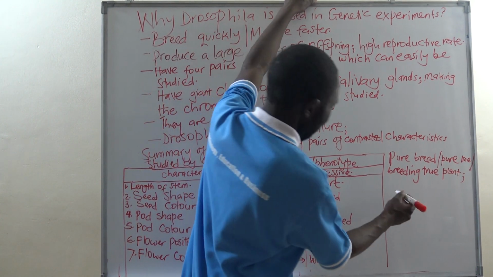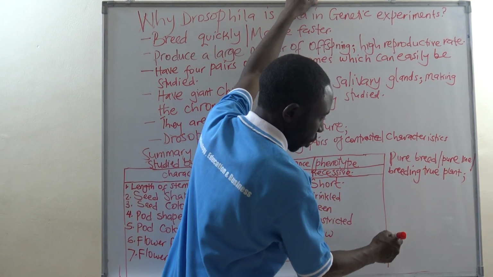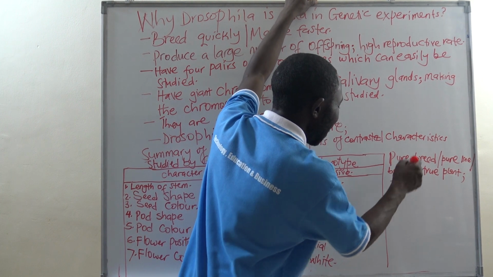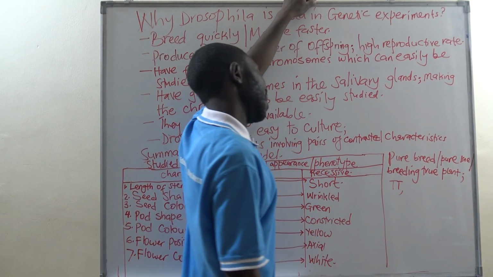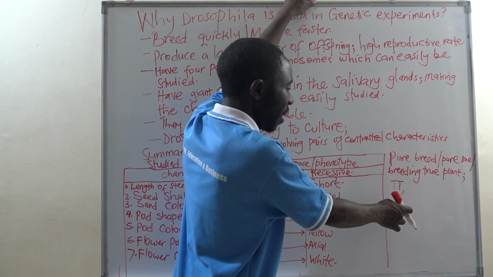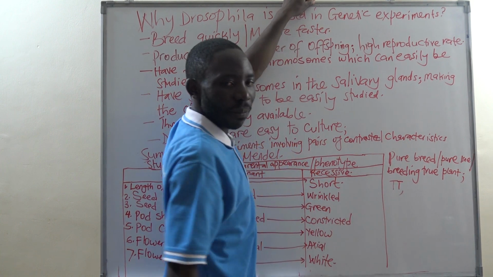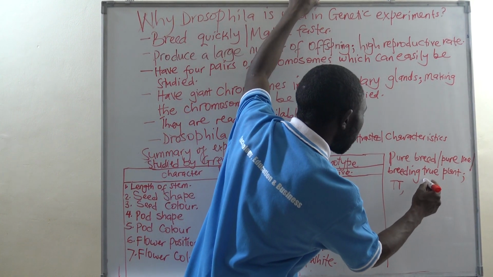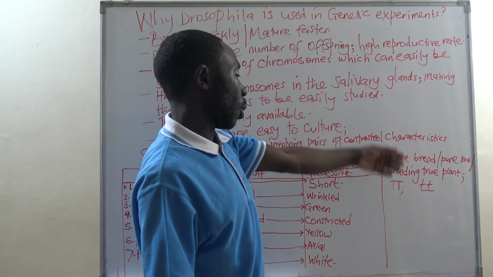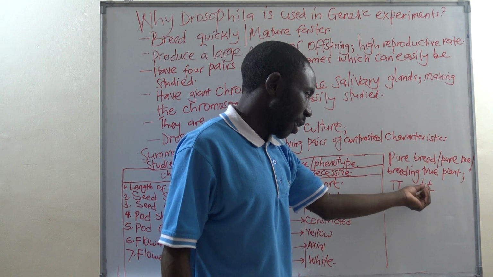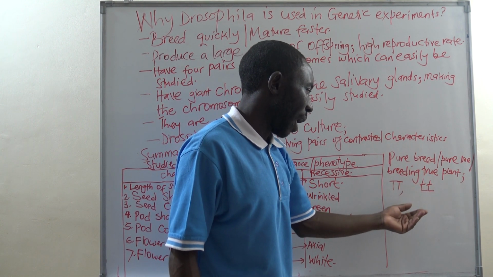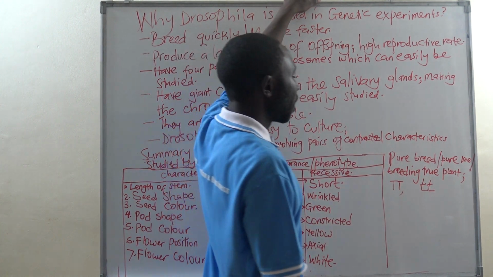So if a pea plant has a genotype TT, capital TT, then this is a pure breed or a pure line or a true breeding plant. Suppose it has small tt, double recessive, then it is also a pure breeding plant or a true breeding plant.